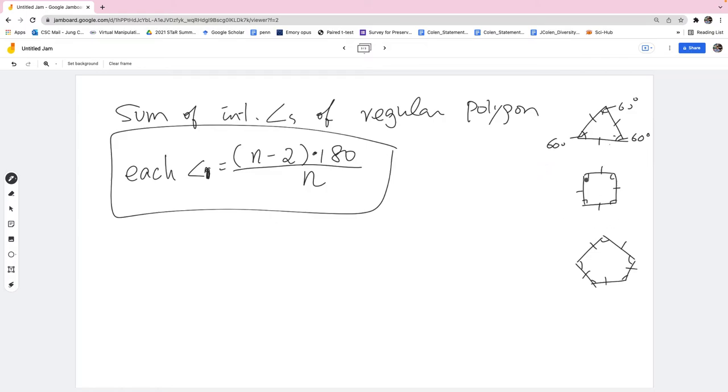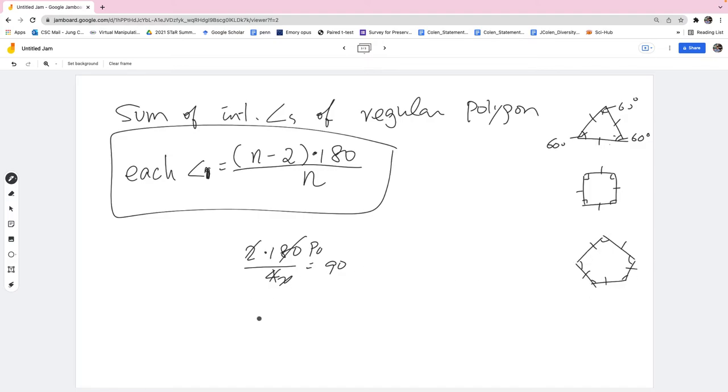Same for this one. There are 4 angles, so 4 minus 2 is 2. 2 times 180 divided by how many angles are there? 4 equal angles. So if we divide it by 4, that will be 90, right? So each angle is a 90-degree angle.